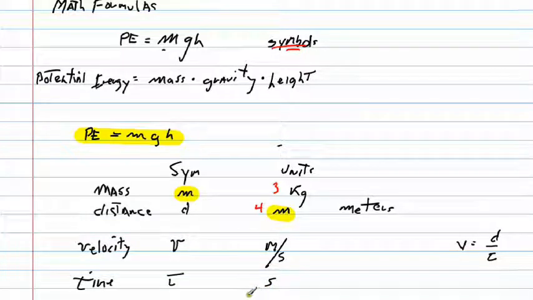It could be minutes too, but you can see my whole point is not ever to confuse the symbols used in a formula with the units used in the numbers that go in front of them. These units describe what the number is. 3 kilograms, 4 meters, 5 meters per second, 10 seconds.